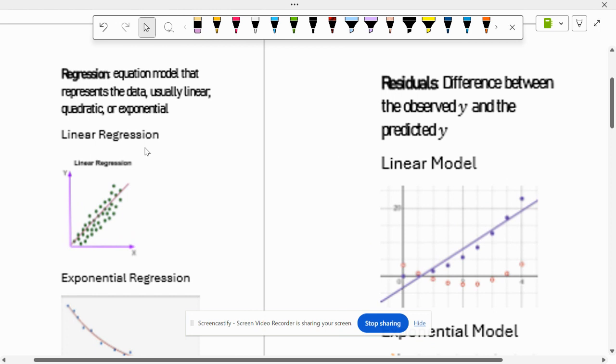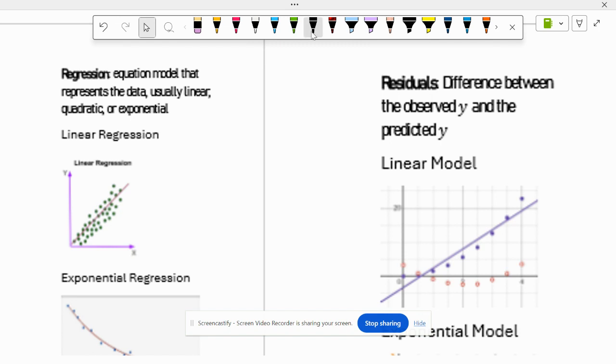So regression, it's an equation model. It's a model that we choose that represents the data, usually a linear, a quadratic, or an exponential. What do we use regression for? We use it to make predictions, right?